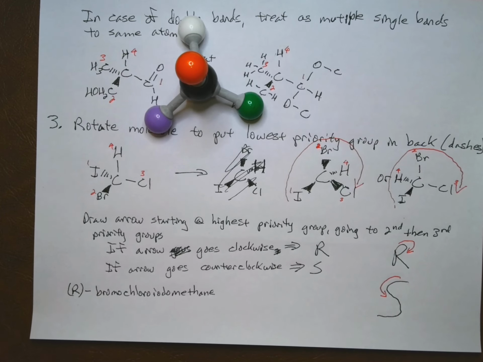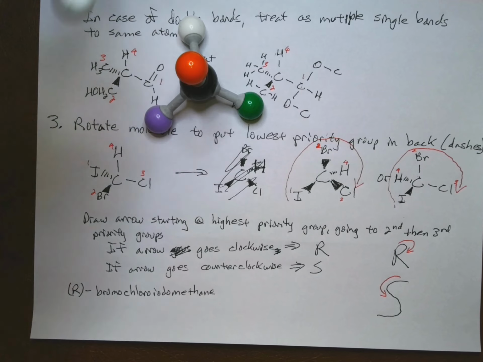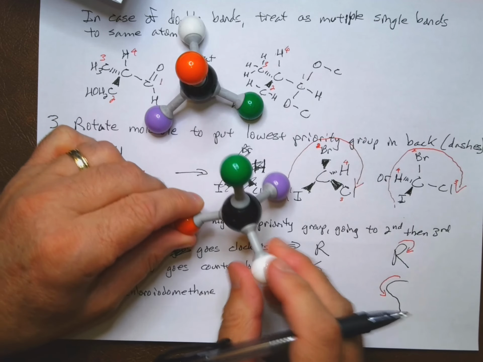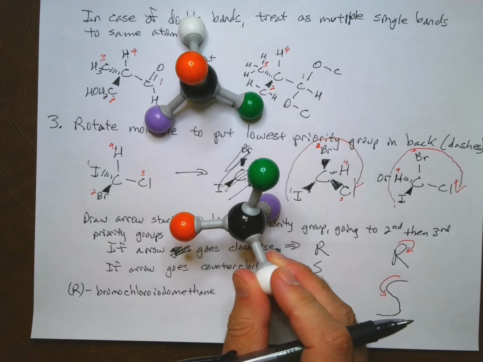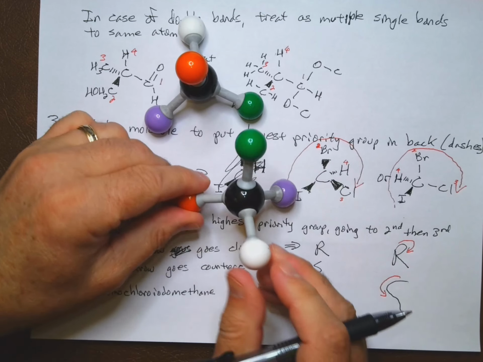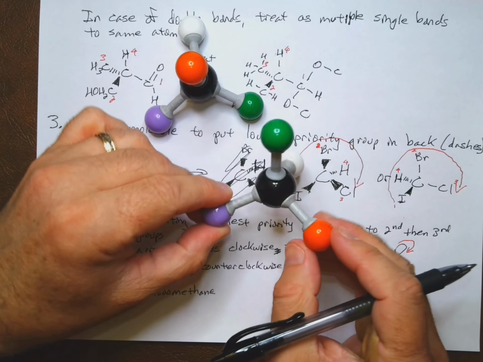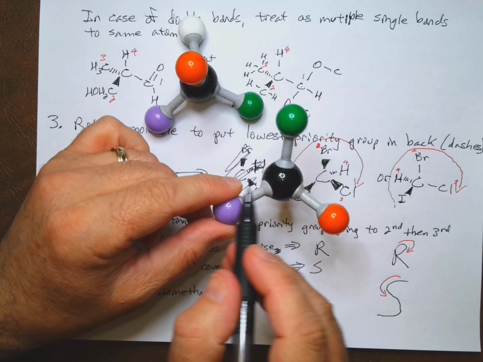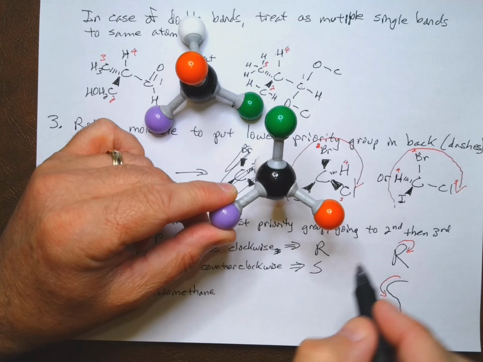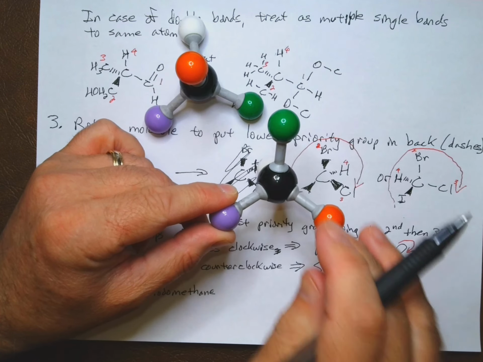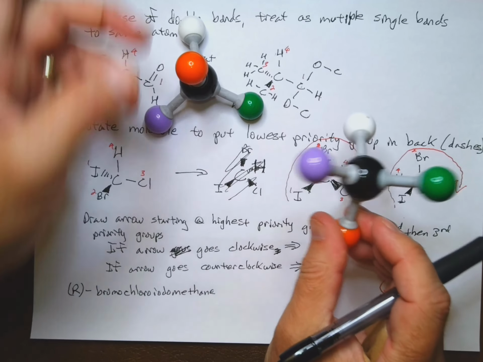And then its enantiomer would be the S version. Okay, and if I, again, oriented it, my order here is 1, 2, 3, and now I'm going 1, 2, 3 counterclockwise, so that's S. So you can see that this is S.